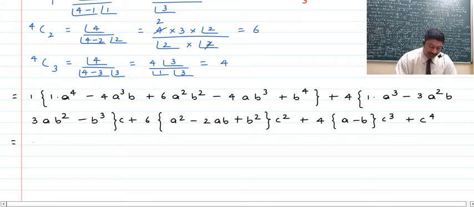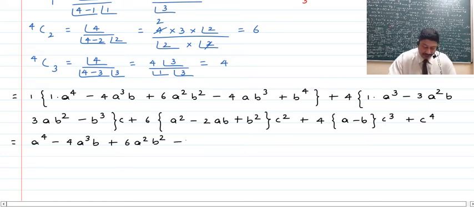So now we have a raised to the power 4 minus 4a cube b, right, plus 6a square b square minus 4ab cube plus b raised to the power 4.